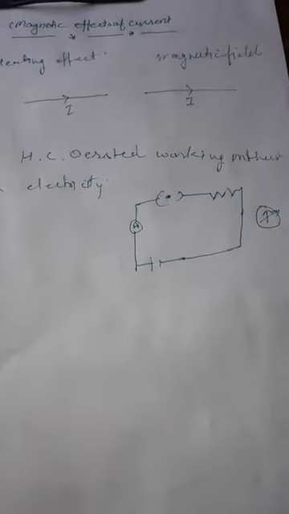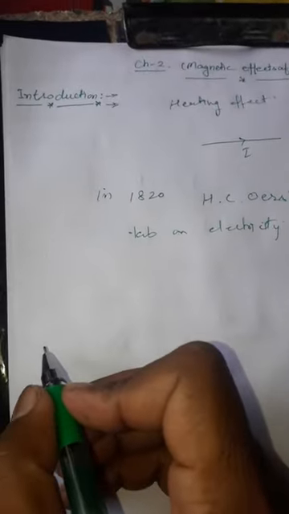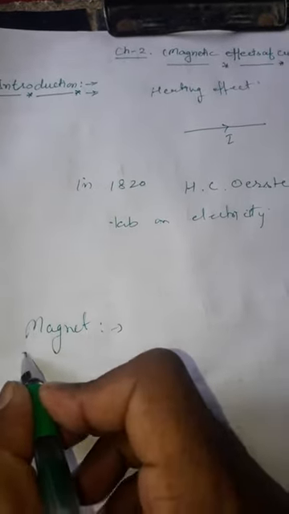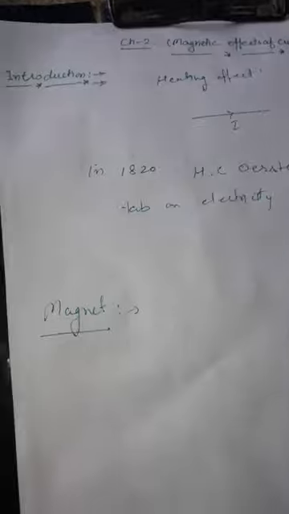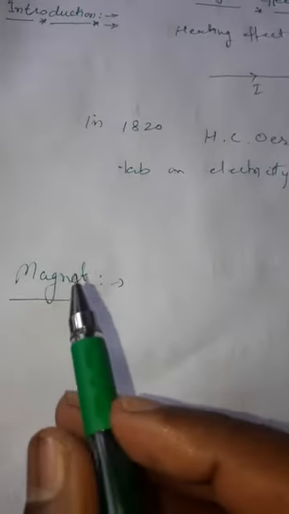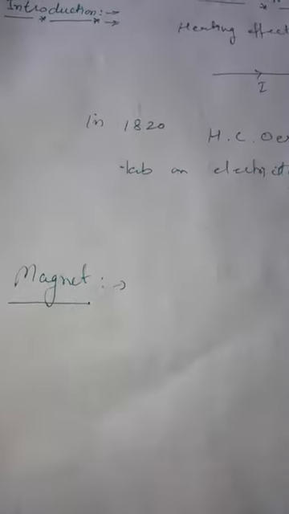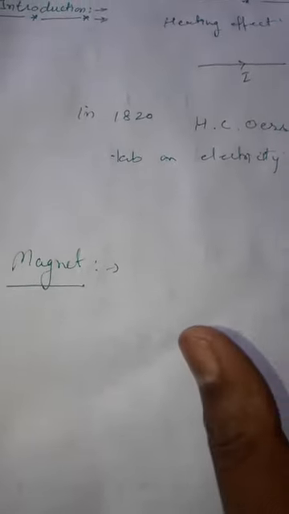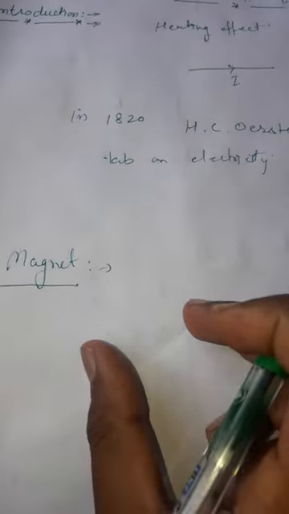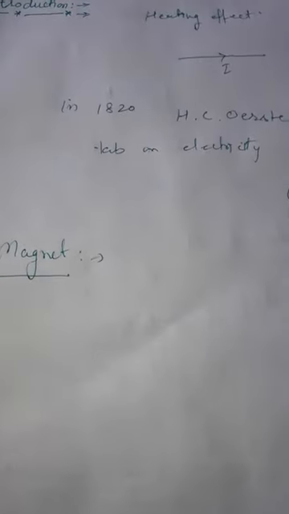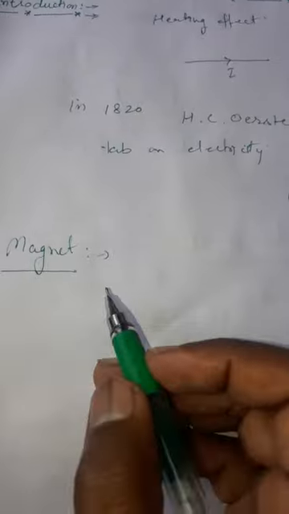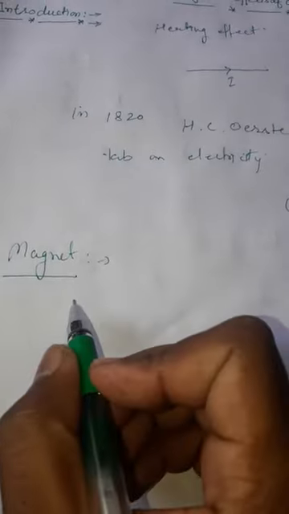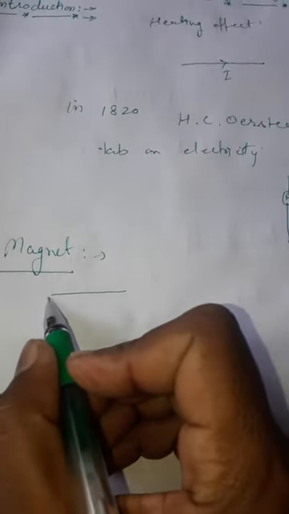It is very well known what a magnet is. All the students in the lower classes have studied that a magnet is a substance which can attract or repel other magnetic substances without touching, from a distance.